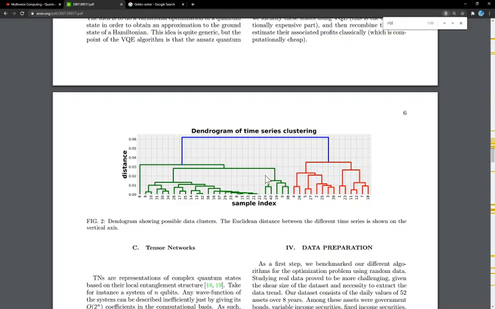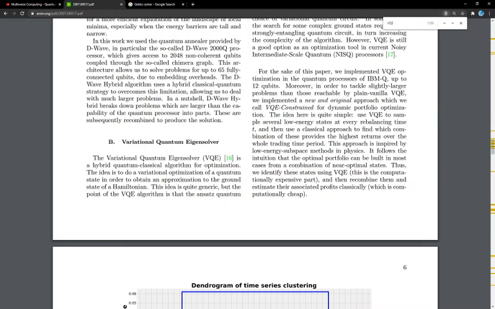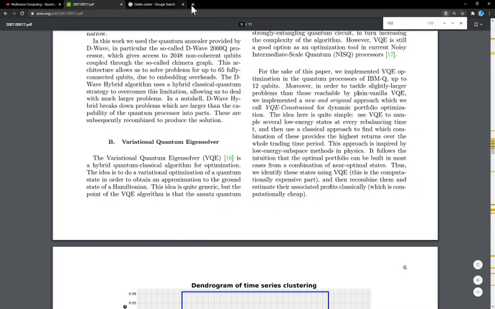But we could try to reproduce these here, right? What is sample index? So let's read that again. What they do is, to tackle slightly larger problems, they implement a new approach, because with VQE you would have your Ising Hamiltonian.